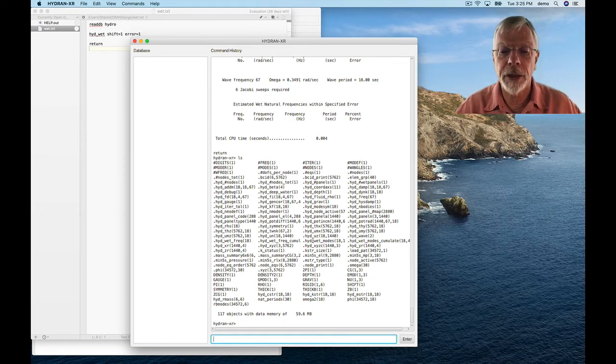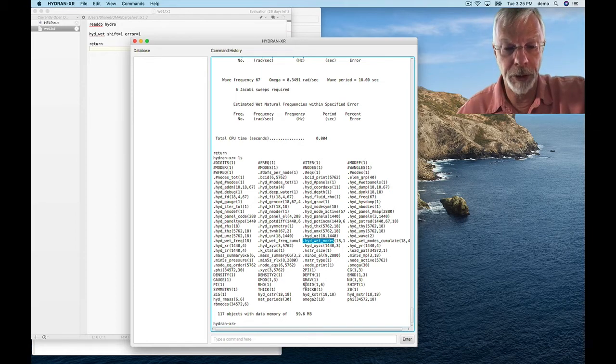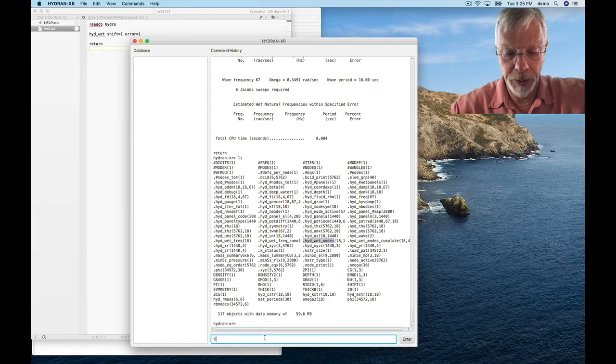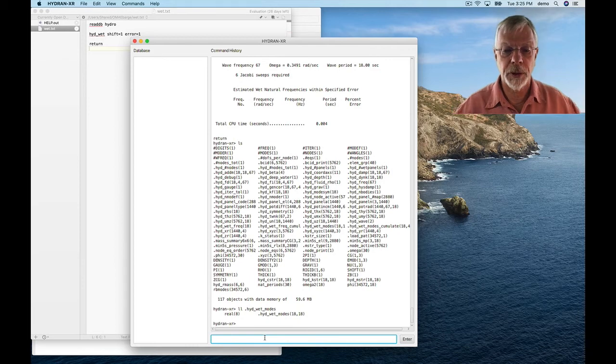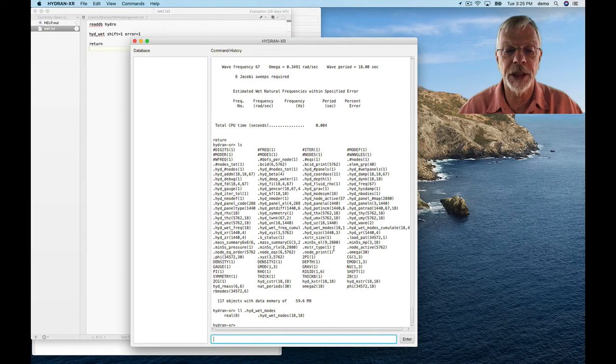So the wet modes are, let me just copy this. I don't want to have to type it. So these are the wet modes, but these are the wet modes for the last frequency, so you don't really want to take these.